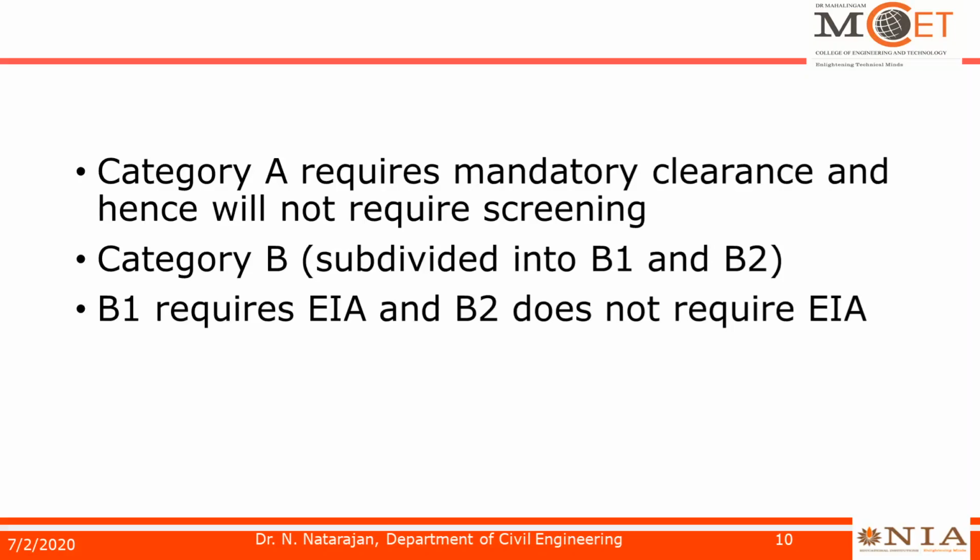B1 requires EA and B2 does not require EA. So screening plays a major role here for category B projects. And category C projects, as we said in the previous slide, do not require EA because the environmental impact of those projects is minimal.